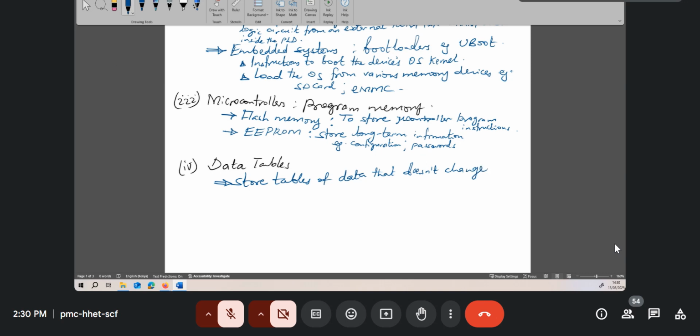Such data, for example, would be the trigonometric tables, the sine, the cosine, and so forth.